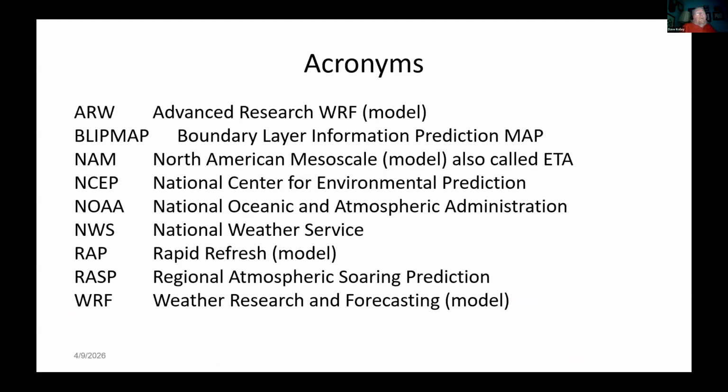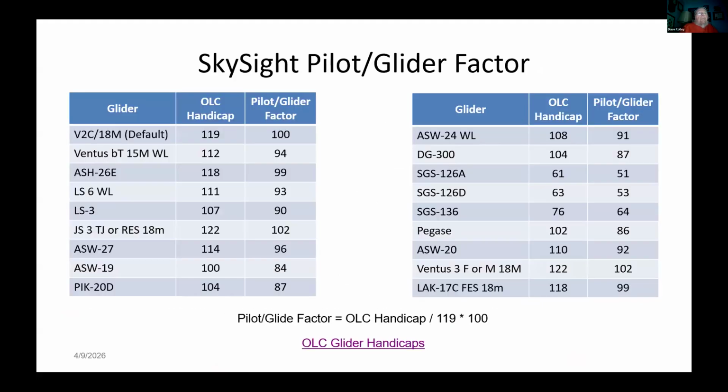Here are some of the acronyms that I've used tonight. Here's the chart that I promised you. The SkySight pilot glider factor is based off of the Ventus 2C at 18 meter. It has an OLC handicap of 119 and its pilot factor is 100.